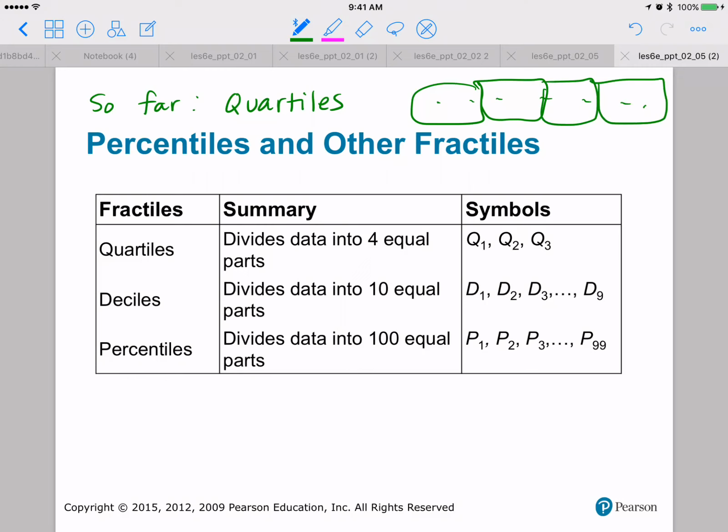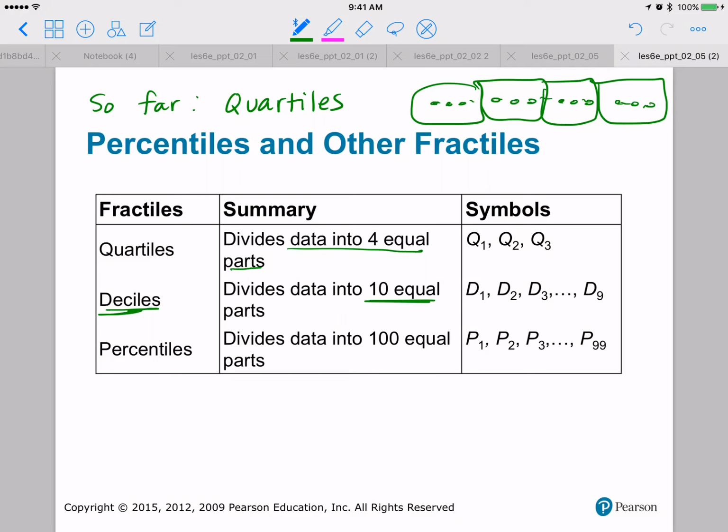And when we say split up into groups of 4, we want there to be the same number of points in each. So like 1, 2, 3, 1, 2, 3, 1, 2, 3, 1, 2, 3, right? So that's quartiles. Now for percentiles, you're going to take your data and split it up into 100 different groups.